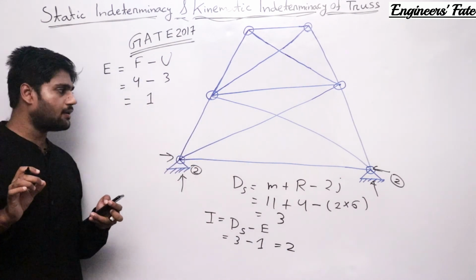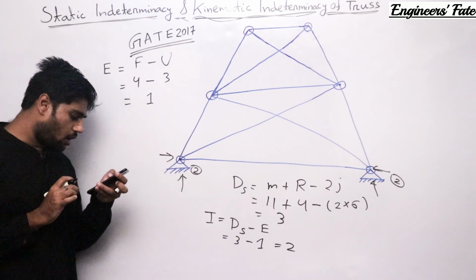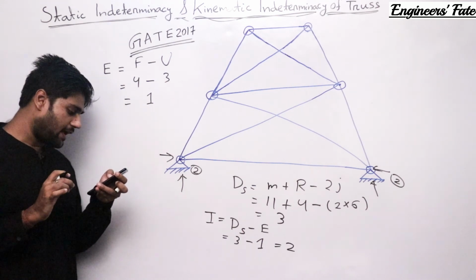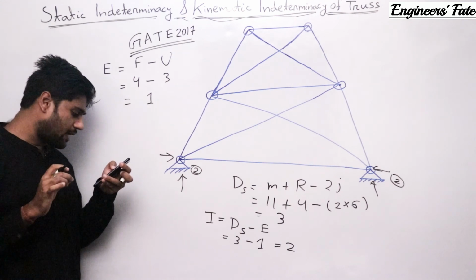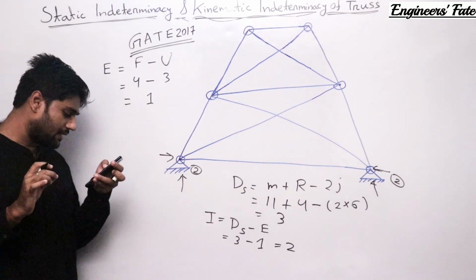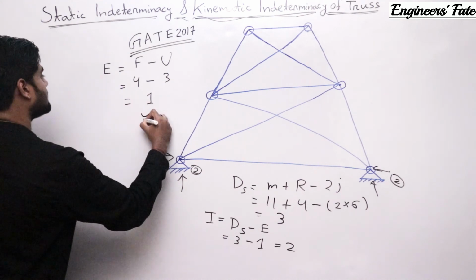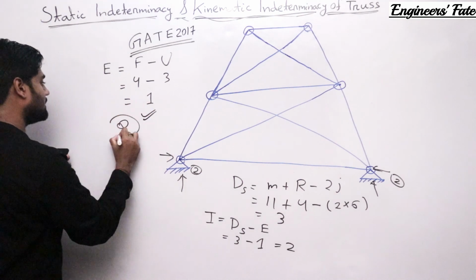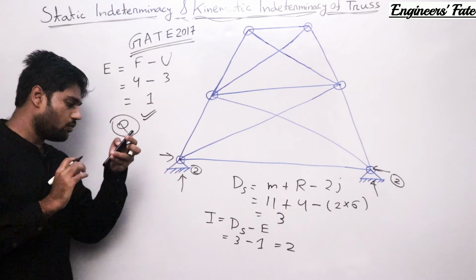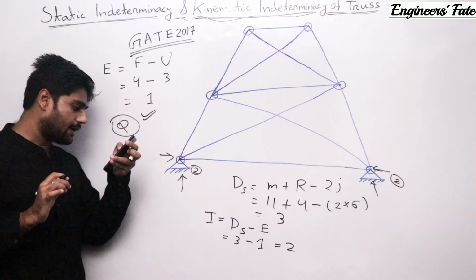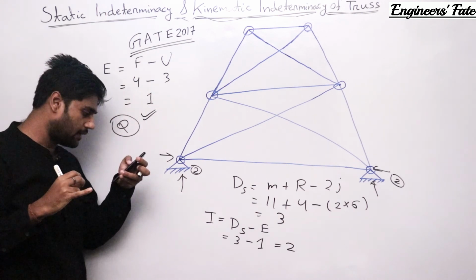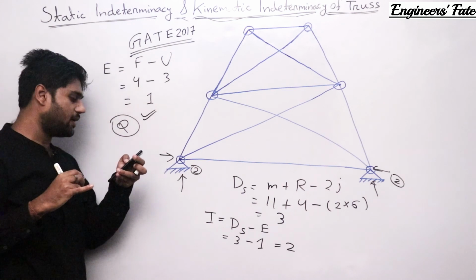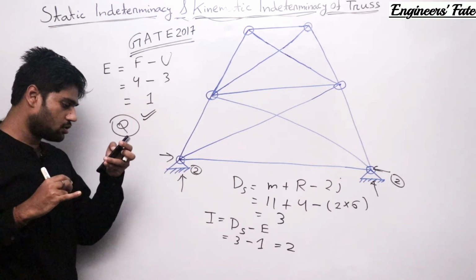So now you can match the options. Option P, externally determinate, is false. Q, externally static indeterminacy 1, is correct, because we found E equals 1. R, externally static indeterminacy 2, is wrong because we found E equals 1. S, internally determinate, is also false.